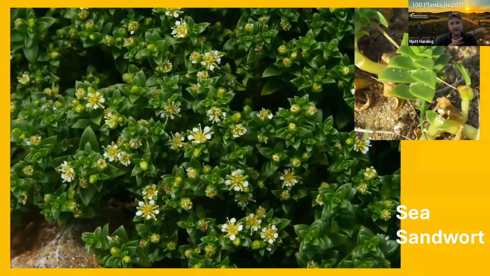Another plant on the edge of the sea itself, growing in the sand near the strand line, is this guy. This is sea sandwort. Lovely little thing with these fabulous leaves coming to quite a sharp point, very fleshy, succulent leaves. Again, an adaptation for the salt-rich environment.